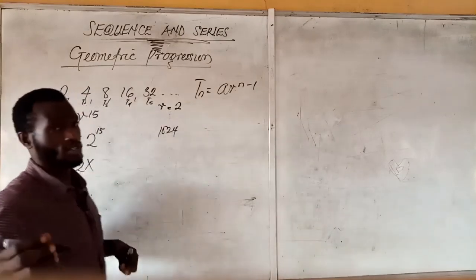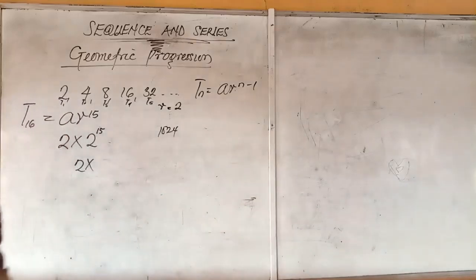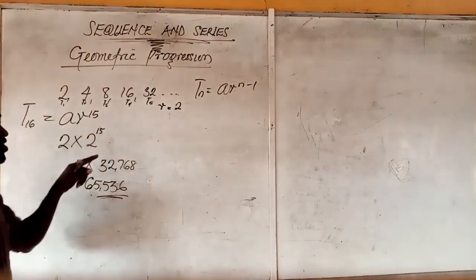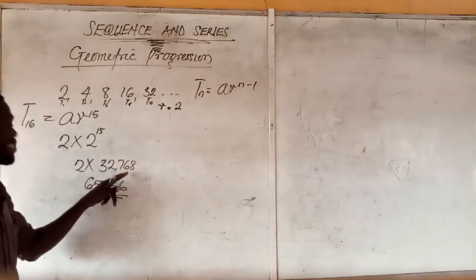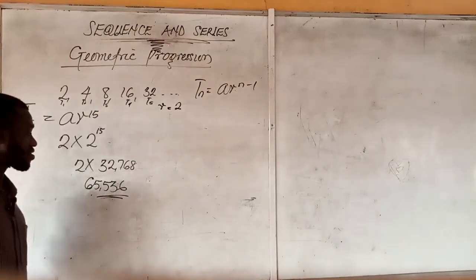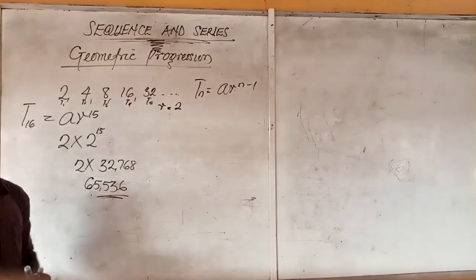Alright, you are going to use your calculator and you get your answer here. Okay, let me quickly resolve that. Now, 2 raised to the power 15 is going to give us 32,768. So 32,768 times 2 is going to give us 65,536. And that becomes our answer in this case.